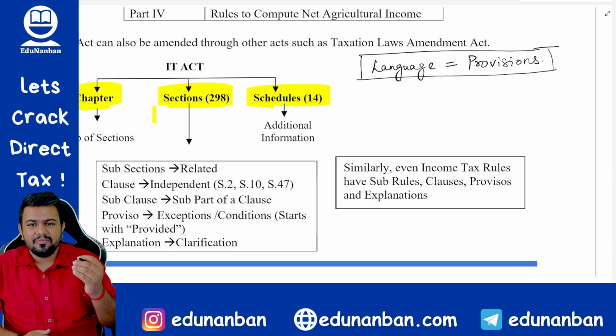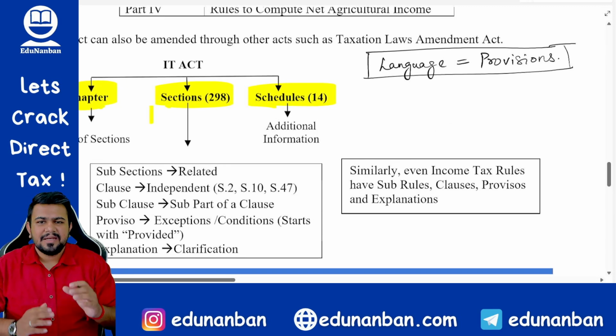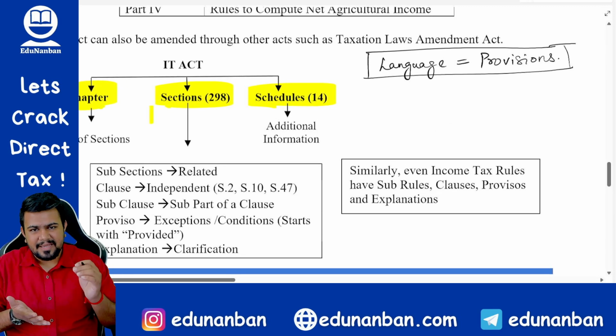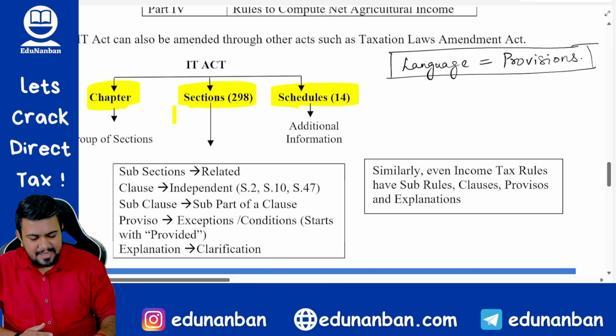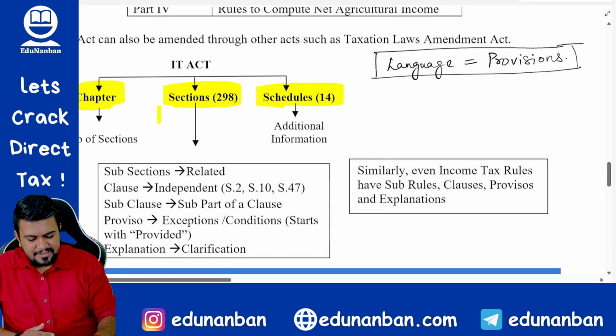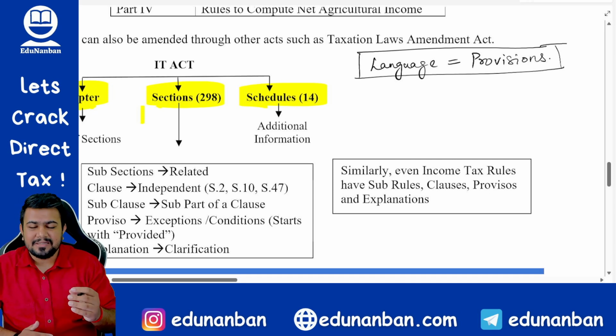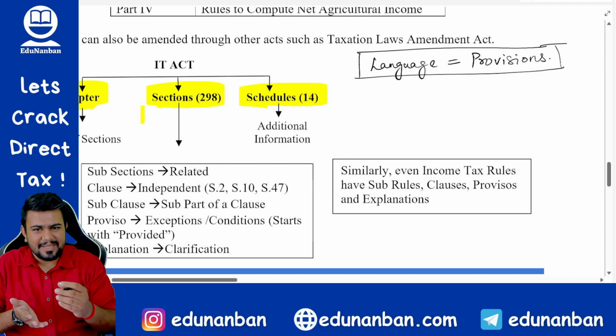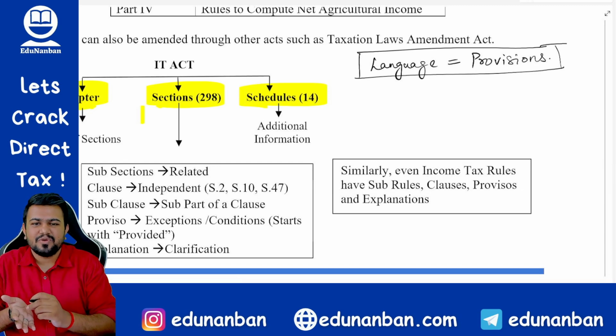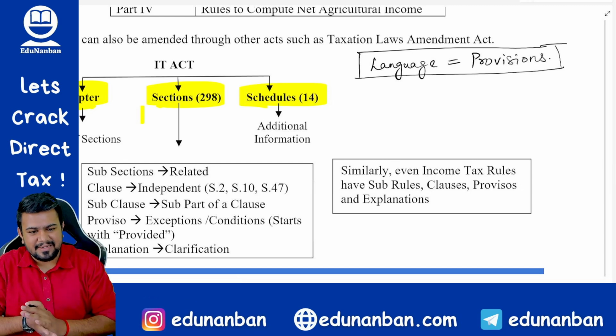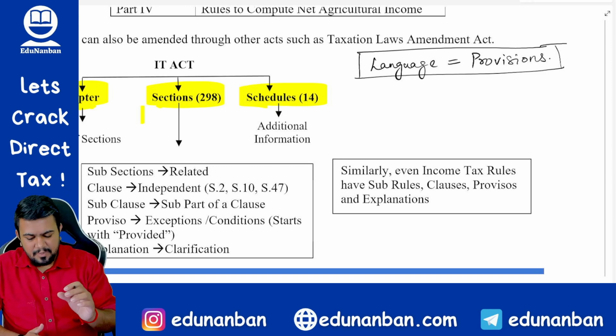What is the meaning of provision? Provision means the language, nothing but the wordings that are there in the income tax law. And for any other law also, the language is called provisions of that law. Hence, whenever a question is asked in the examination, answer with respect to the provisions of Income Tax Act. So the language is called provisions.